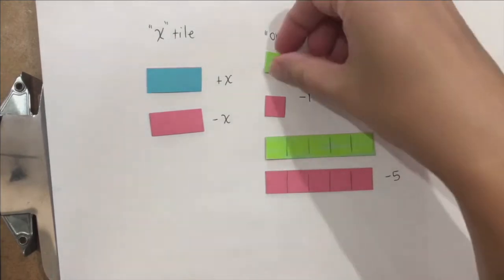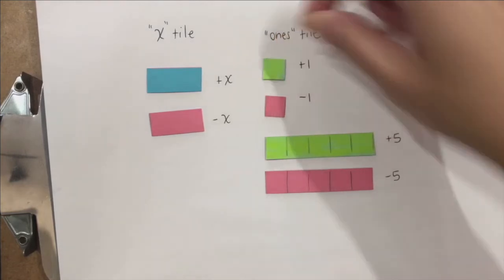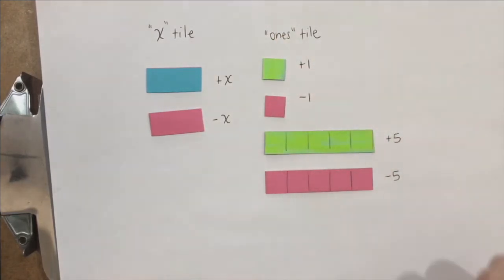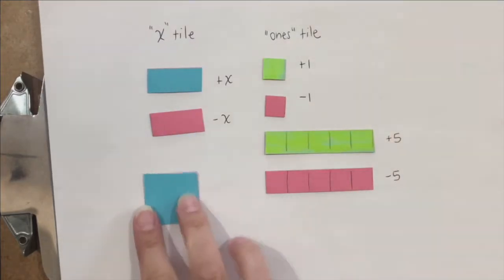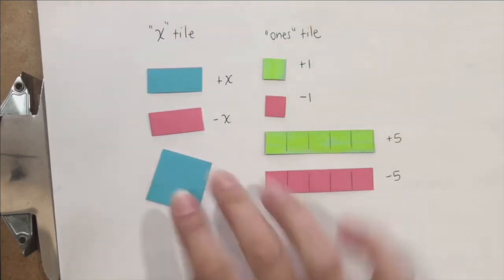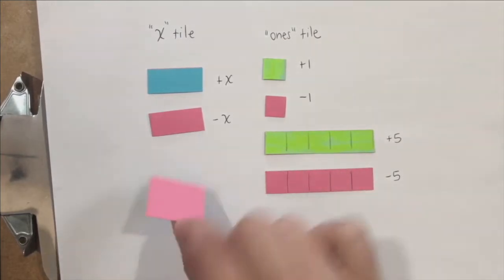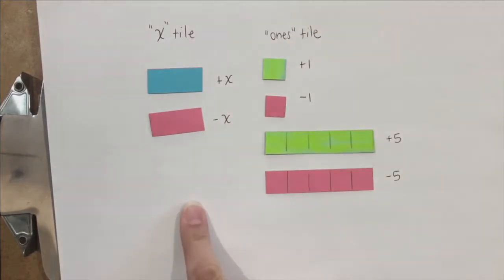The 5 tiles are 5 ones stuck together because it's easier to move this around than to have 5 little ones, especially if you need 15, 30, 40 of them. We also have an x squared tile, which lines up with the x's on both sides to create an x squared, positive and negative. I will not be using the x squared in this one, so it's not listed here.